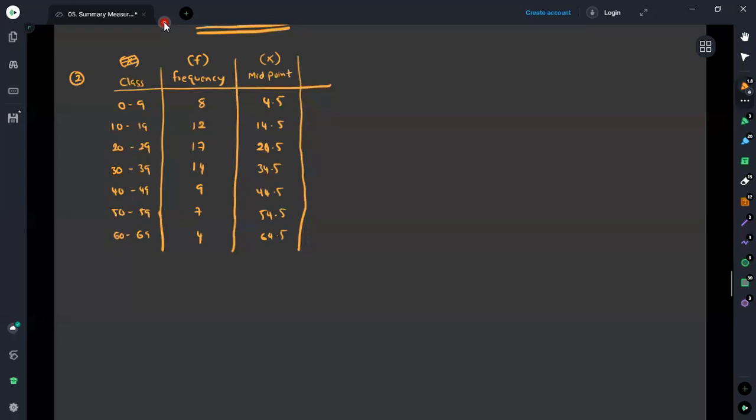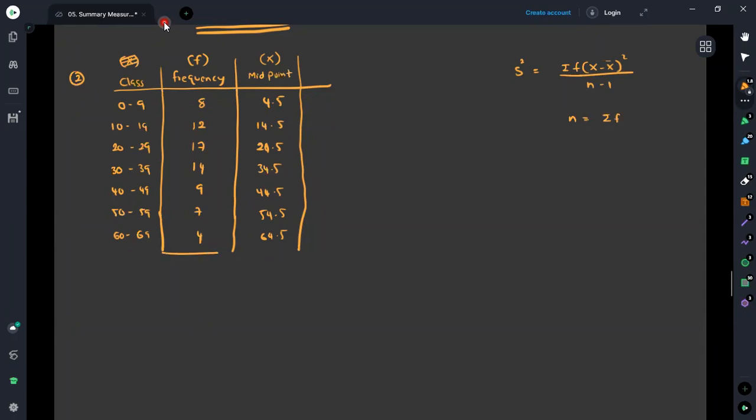Then, according to the equation for variance for group data, it is the summation of f times x minus x bar squared divided by n minus 1. And here we can consider n equal to the summation of f.